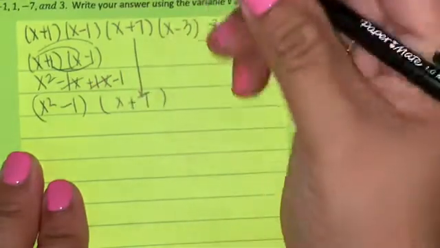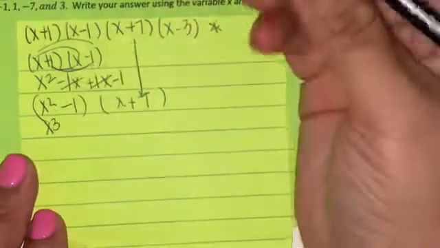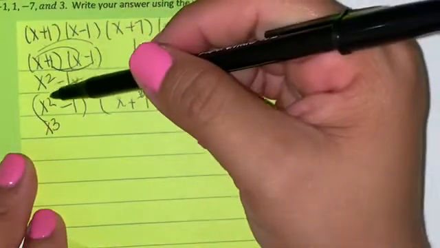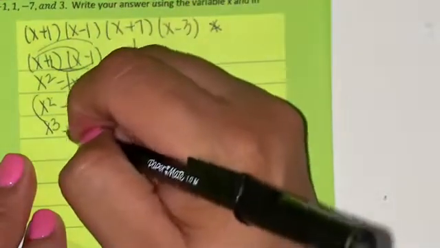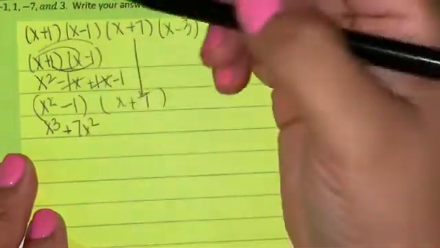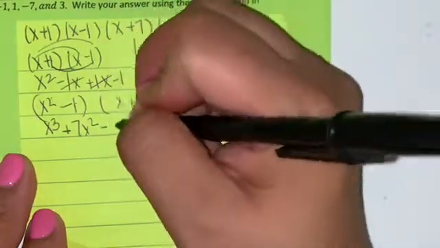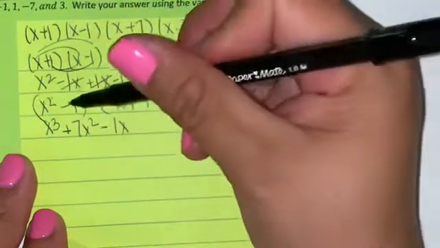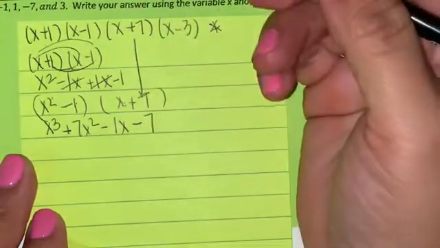X plus 7. X squared times x is x to the third. X squared times 7 is plus 7x squared. Negative 1 times x is negative 1x. Negative 1 times 7 is negative 7.